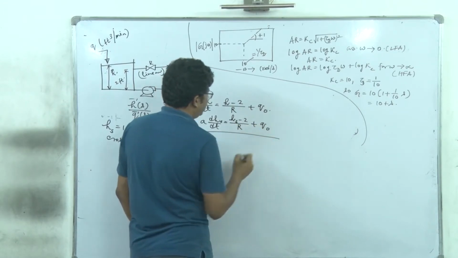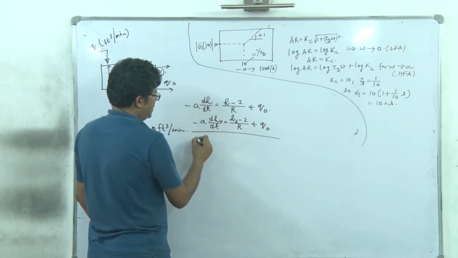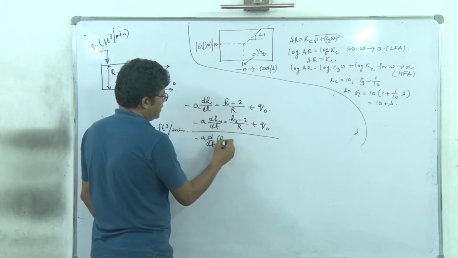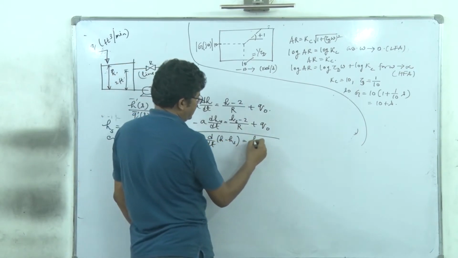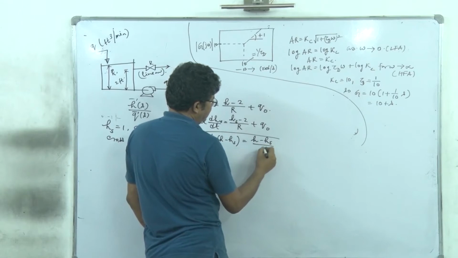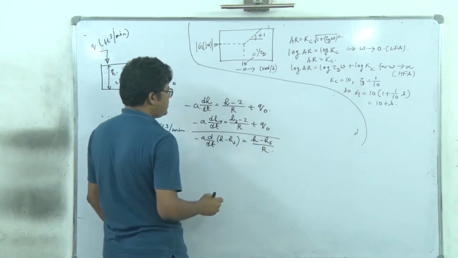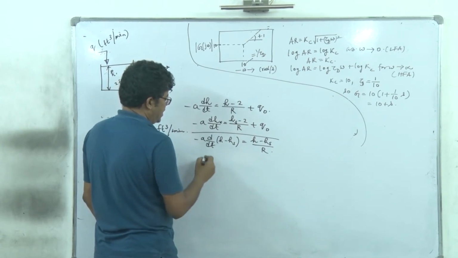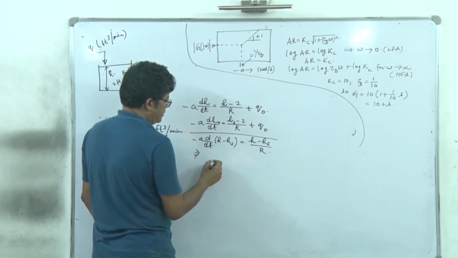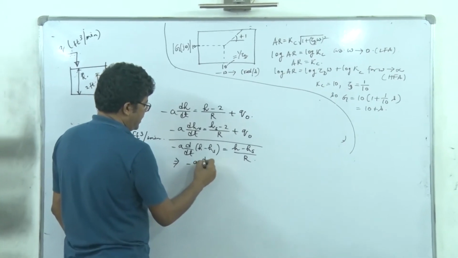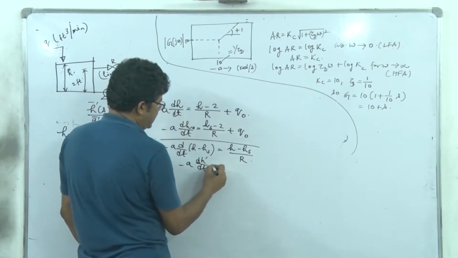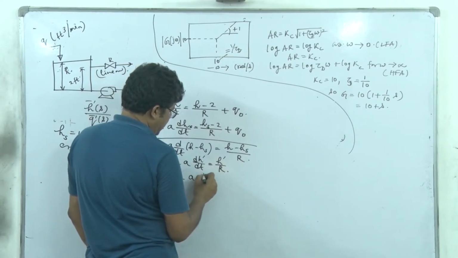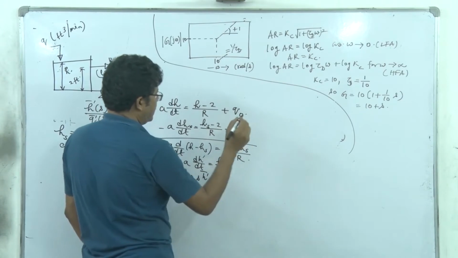So if I subtract, I will get minus of A d/dt of (H minus Hs), that is a deviation variable, is (H minus Hs) divided by R. So minus A dH prime/dt is equal to H prime by R, and we will write A S H prime bar.